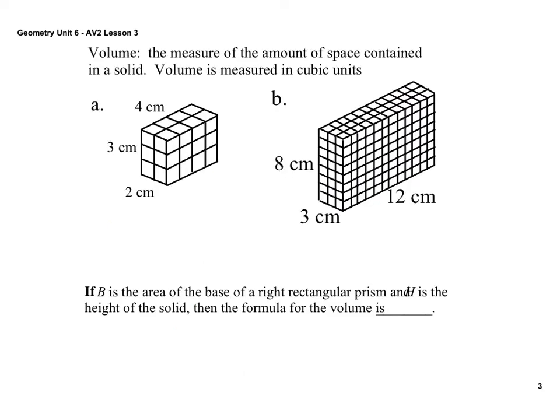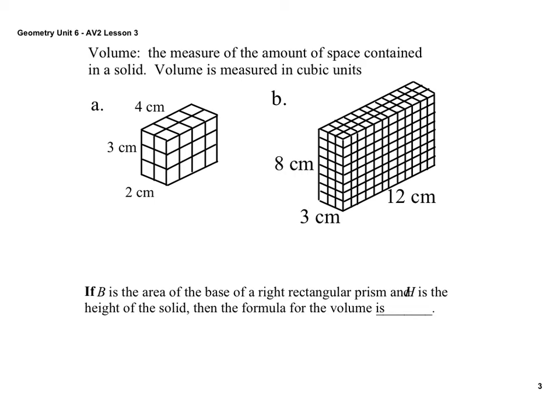Volume is the measure of the amount of space contained in a solid. Volume is measured in cubic units. So you can imagine in both of these prisms that we're filling the prism up with cubes. And of course, we want to know how many cubic units it would take to fill up, or to be contained in, that space.